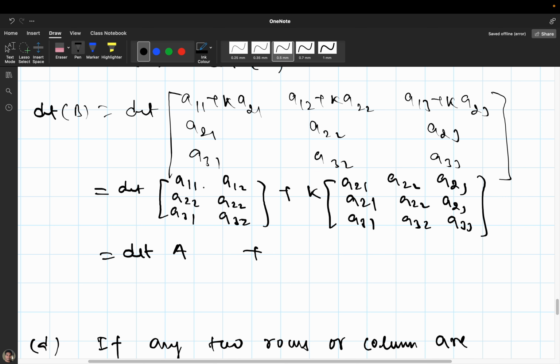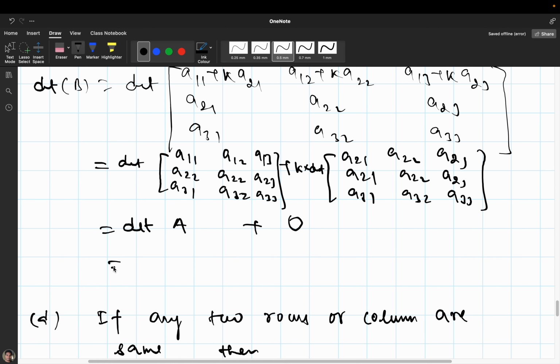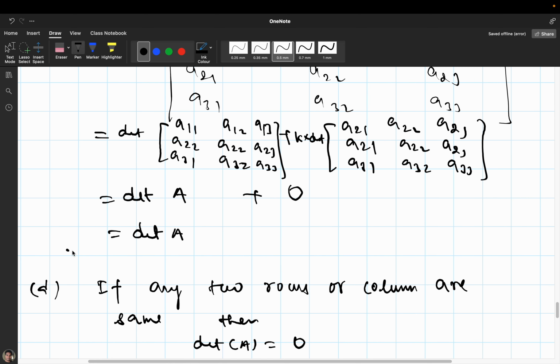This one is the determinant of A. Sorry, I missed some terms here. So this is the determinant of A, and this is what? 0. Yes, this is exactly 0. That's why the determinant of B will become the determinant of A.